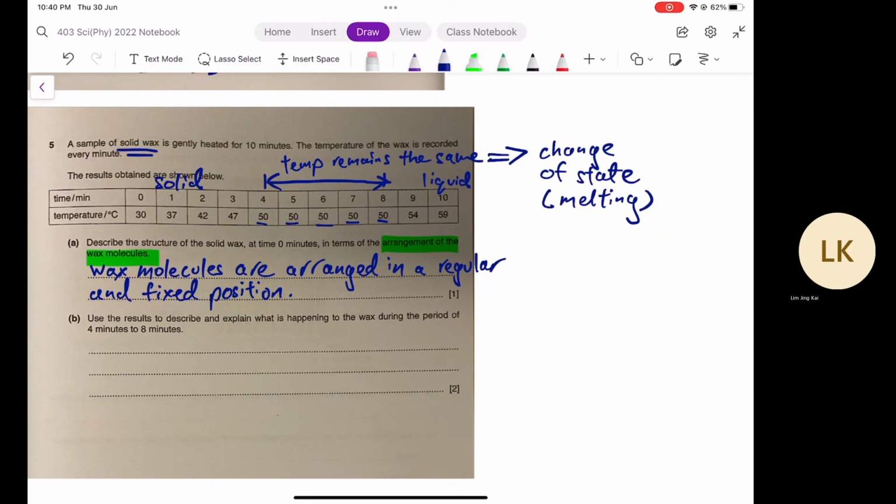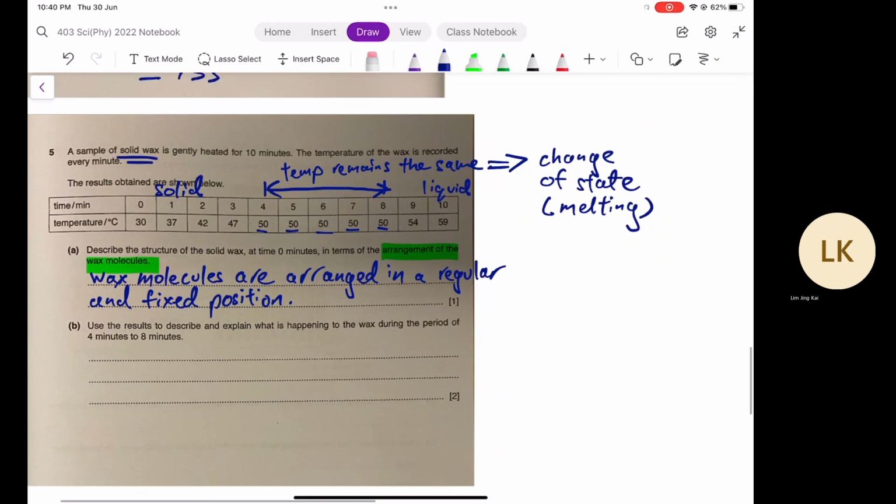So now we are able to craft our answers and make sure we fit it back to what the question wants, which is to use the results to describe and explain what is happening. So we have to make mention of the results itself, which is during the 4 minutes to 8 minute mark, the temperature remains constant.